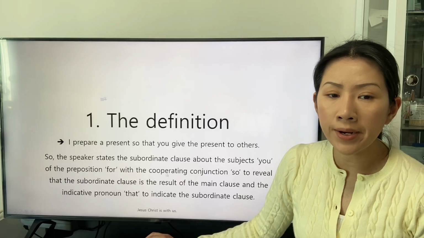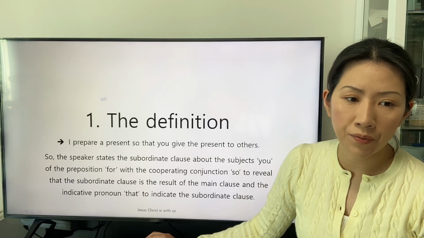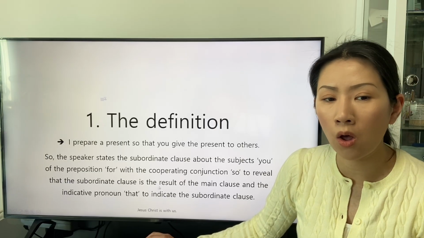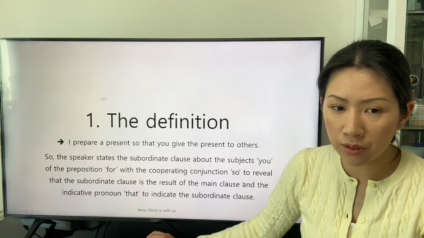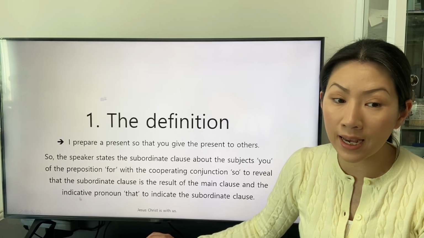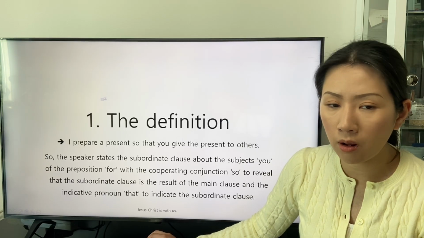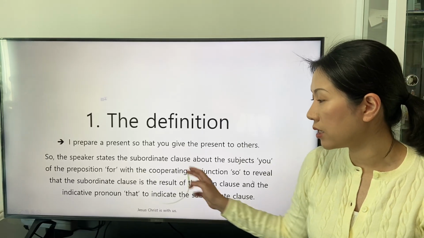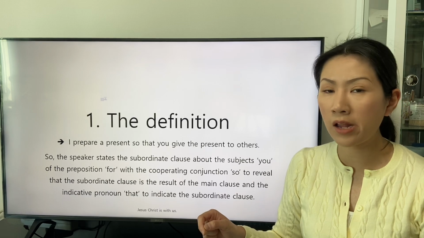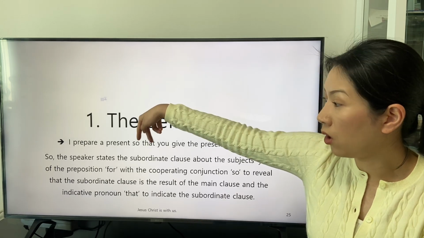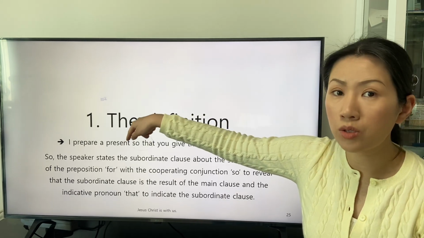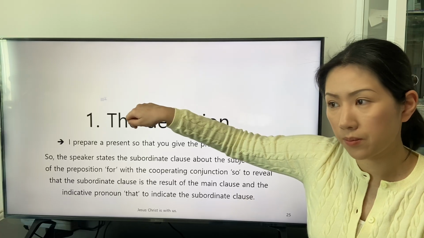We see that the preposition for classified as an adverb is not applied in the two clauses. With the coordinating conjunction so to reveal that the subordinate clause is the result of the main clause, and the indicative pronoun that to indicate the subordinate clause. This explanation is about the analysis for the conjunction so and that.